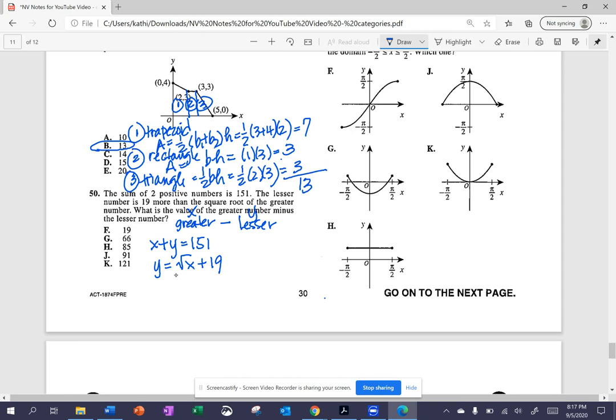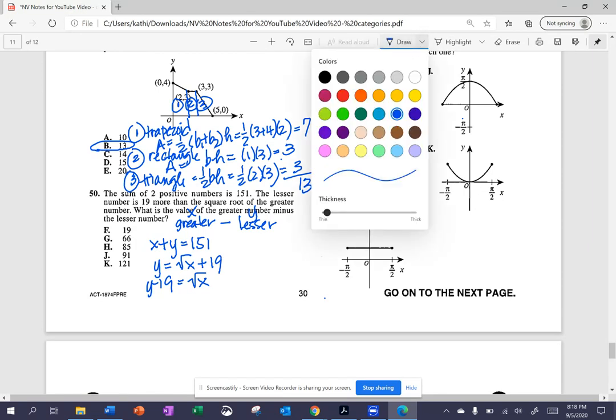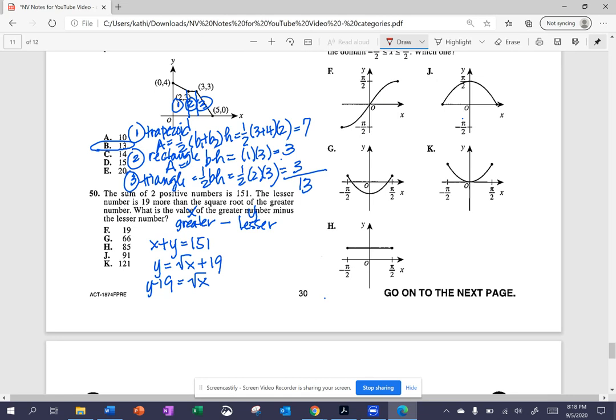Okay, so I am going to subtract 19 from both sides. So I get y minus 19 equals the square root of x. Next, I am going to square both sides.